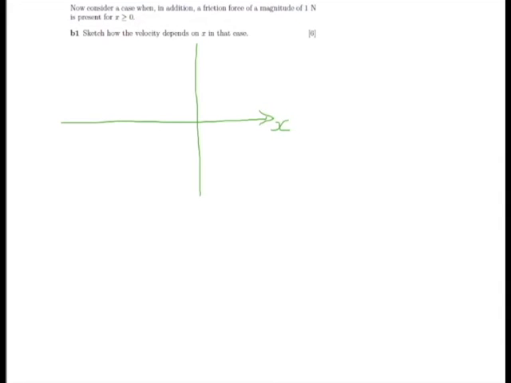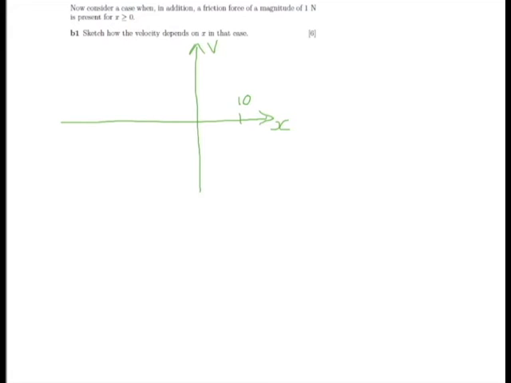So x displacement again against v velocity. Now we know that we're starting, as always, at 10 meters along on the x-axis, but what we don't know at the moment is what the velocity is going to be by the time it gets to x equals 0, because there's a different force being applied.